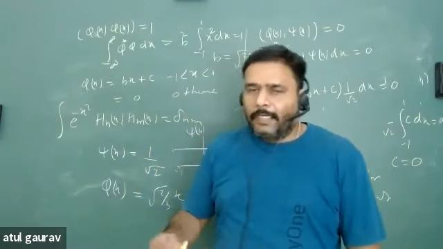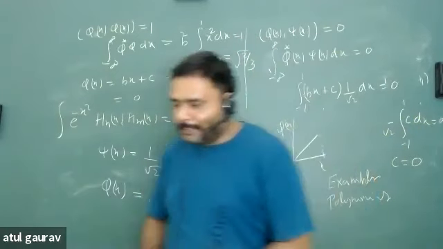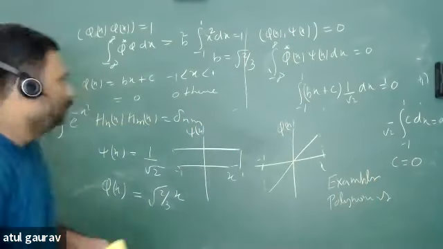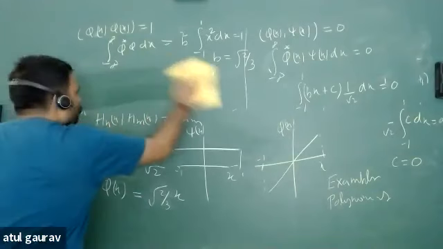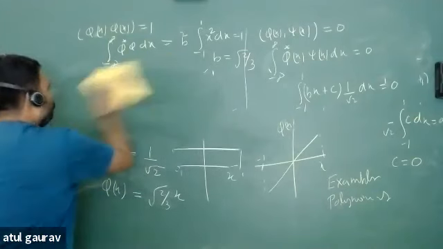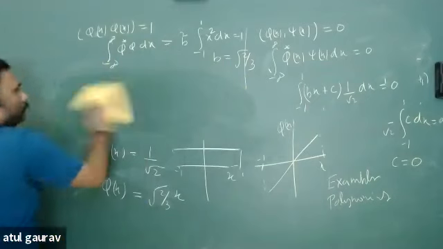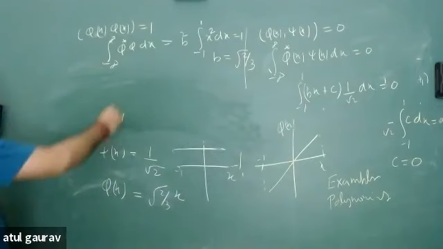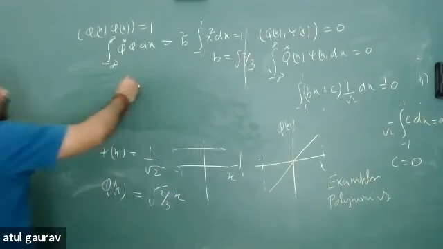Now, what are the practical examples of Hilbert space? Can you give me a practical example? I am taking just one last minute for you, because I have to finish this topic today itself. What are the practical examples of Hilbert space? Modes of a wave.